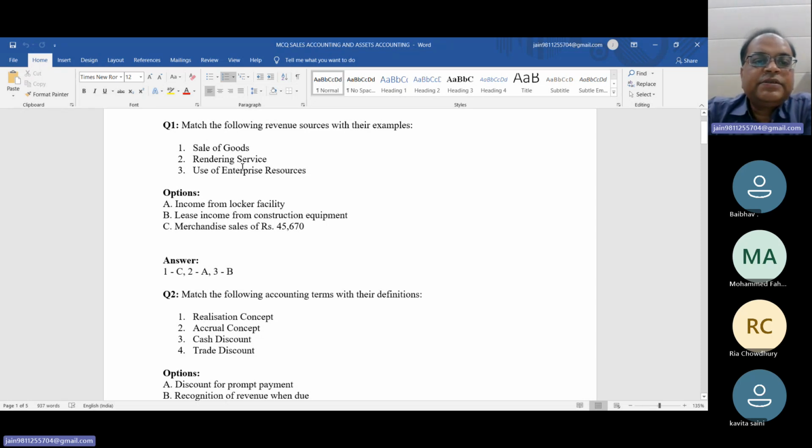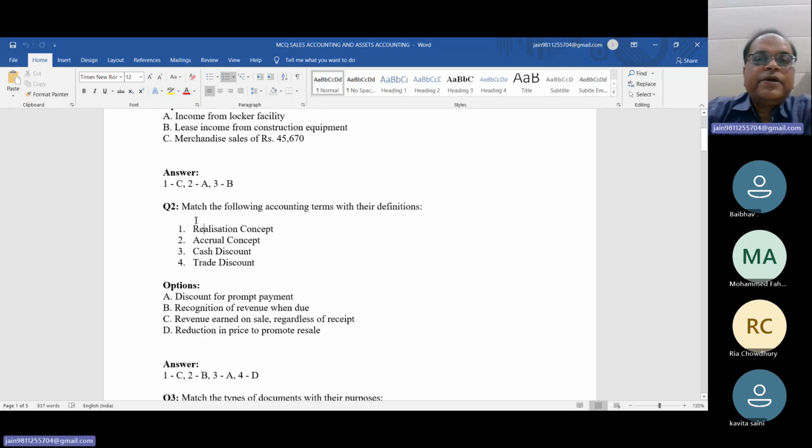Renting service, like the income from locker facility, is a service. And the use of enterprise resources means lease income from construction equipment. So the answer is 1 C, second A, and third is B.